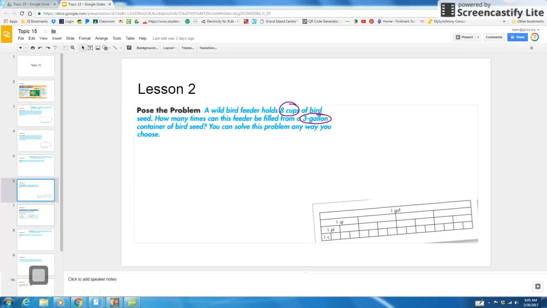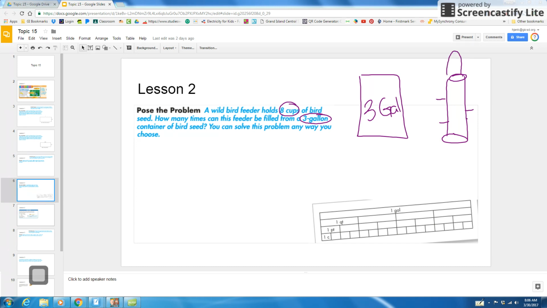So if I go to the store, I buy a 3 gallon bag of bird seed so that I can fill my bird feeder, right? And the little ledge is sticking up. I want to fill that bird feeder with bird seed. It can only hold 8 cups though, so after the birds eat it, I can refill it. But they want to know how many times we can refill that container.